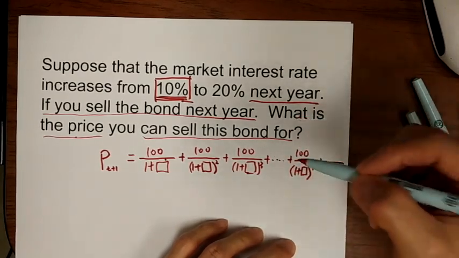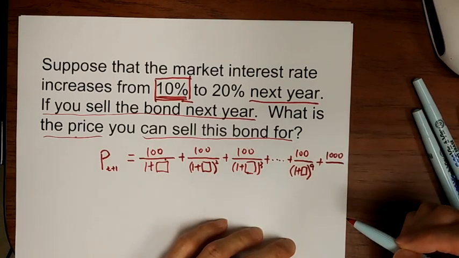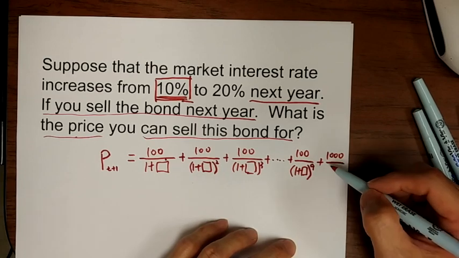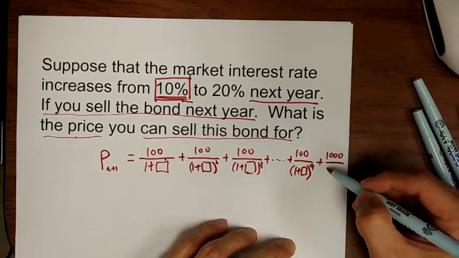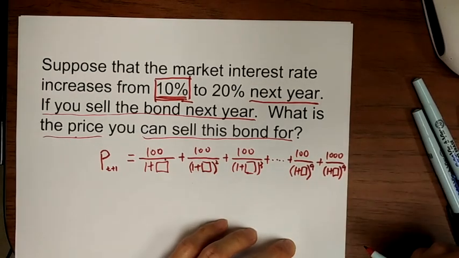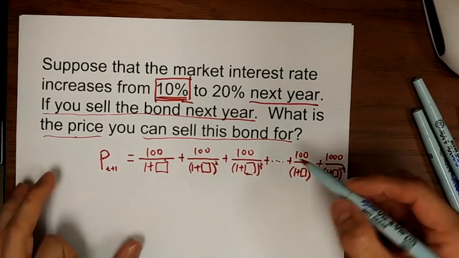What is his last cash inflow? The answer is the $1,000 face value. And when is he going to get it? Again, 9 years from the time he purchases this bond from you.